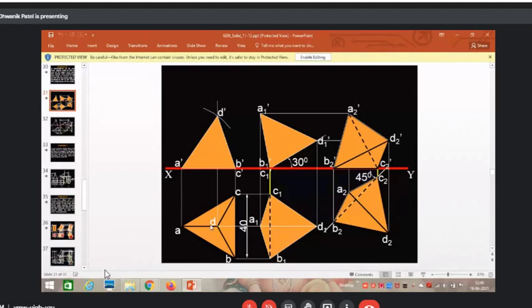Take the radius of the base of the triangle. Here the base length is 40 mm, so it is my center point. Take a radius of 40 mm and cut your apex line. So a dash d dash you will mark here. Once it is marked, this is your d dash point, and you will connect it with b dash c dash. So in this way you will draw the shape.